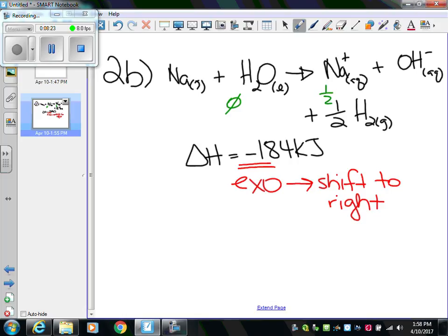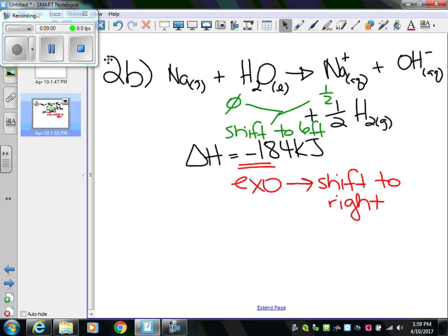So what happens if I increase or decrease my pressure? It's going to shift to the left. So this here tells me it's going to shift to the left. So if I have one thing that's telling me it's shifting to the right, and the other thing is telling me it shifts to the left, what do you think is going to happen? Well, the idea is that they're all in equilibrium, working back and forth, right? So no change is going to happen here.